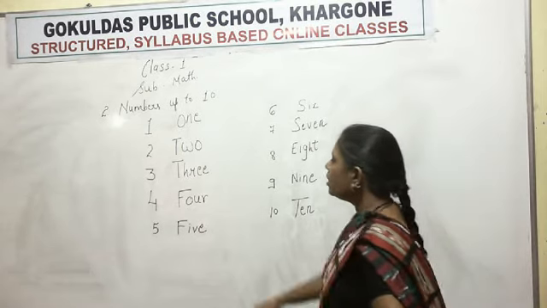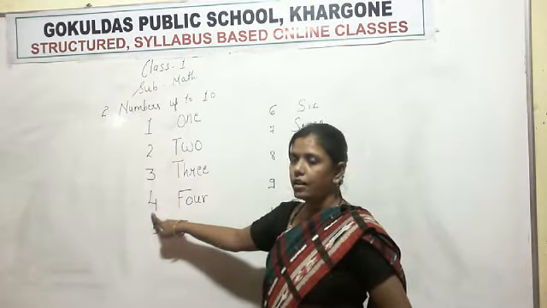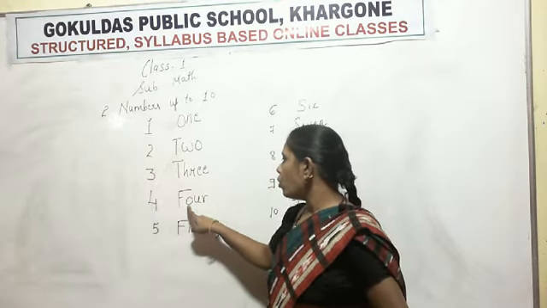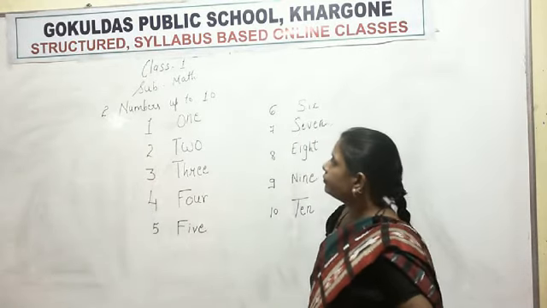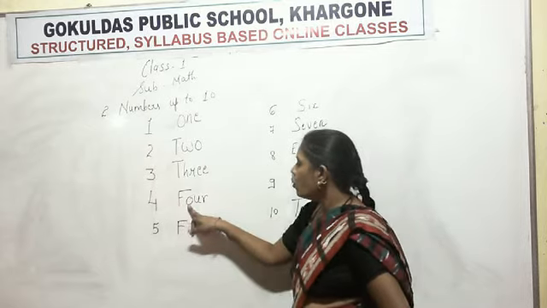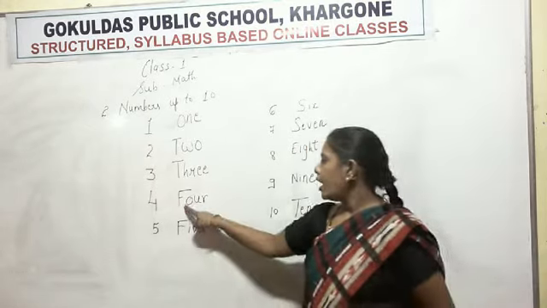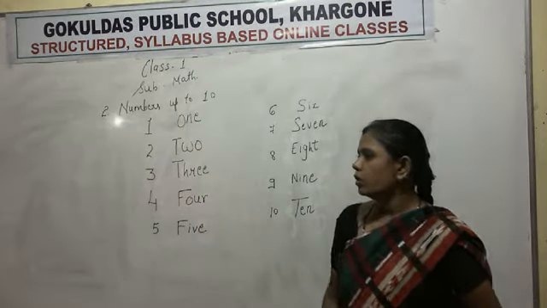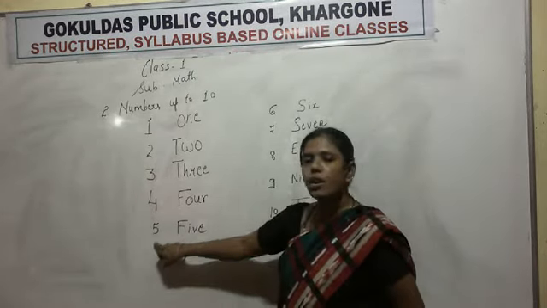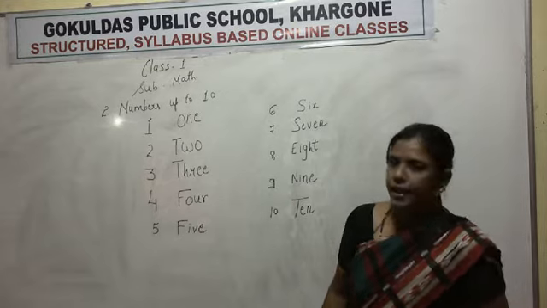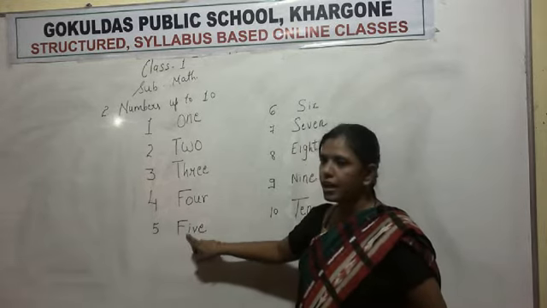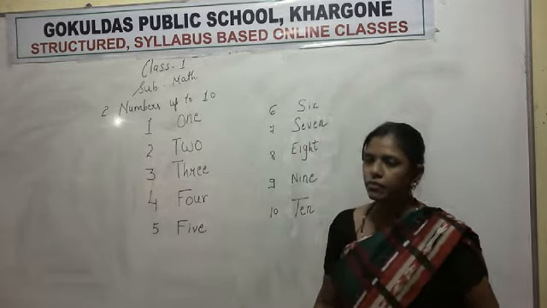Write next number 4. Write its spelling. F-O-U-R, 4. Again write. F-O-U-R, 4. Now write next number 5. Write its spelling. F-I-V-E, 5.